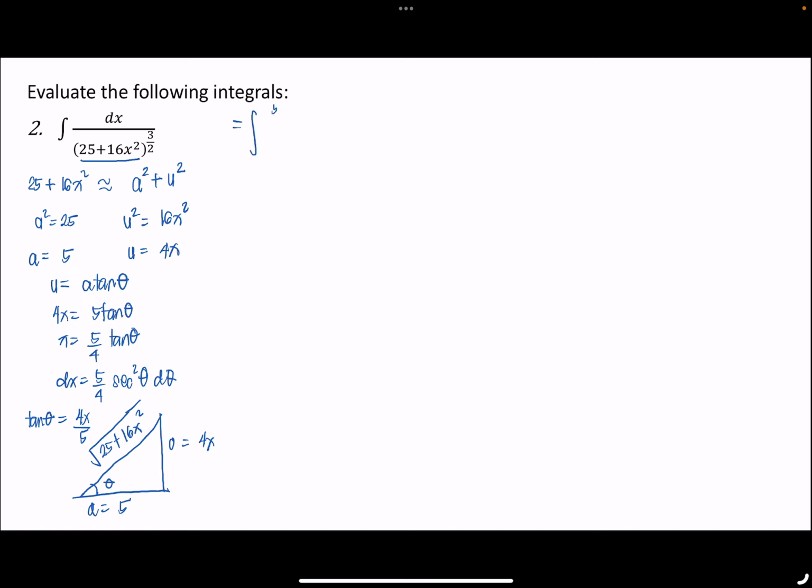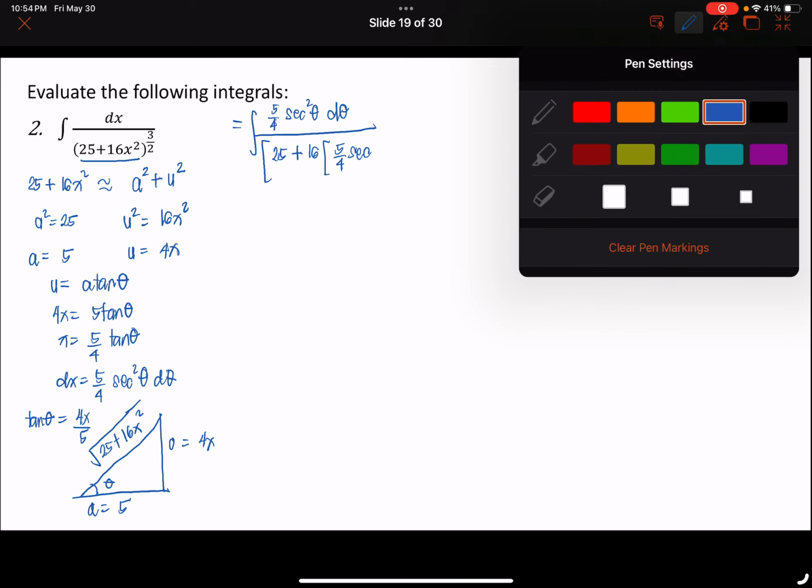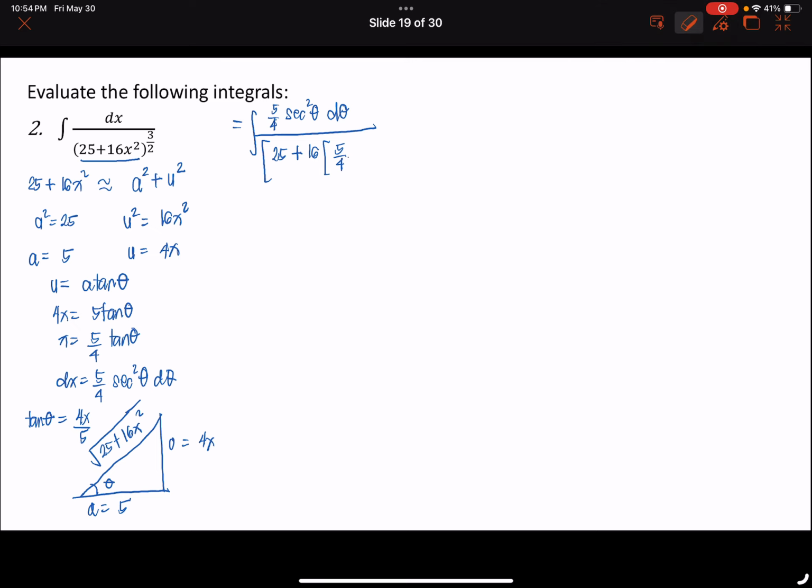Dx is 5 over 4 secant squared theta d theta, all over 25 plus 16 times 5 over 4 tangent theta, and then we square this. We raise this to 3 over 2.